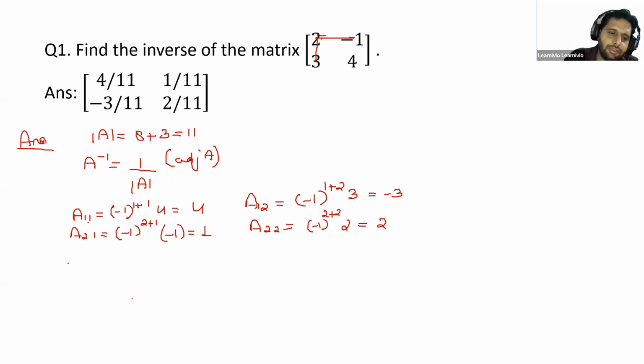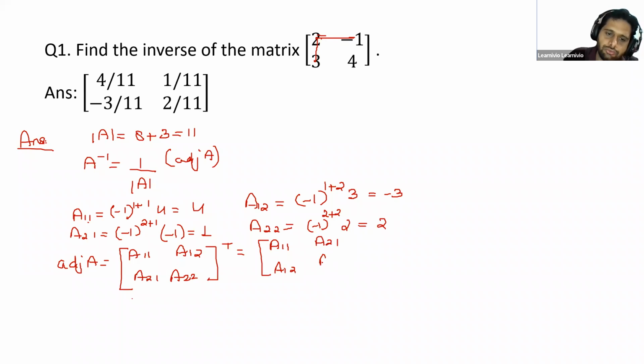What is the adjoint of A? Adjoint of A is equal to transpose of this one, A11, A12, A21, A22, its transpose. This is equal to A11, A21, A12, A22.